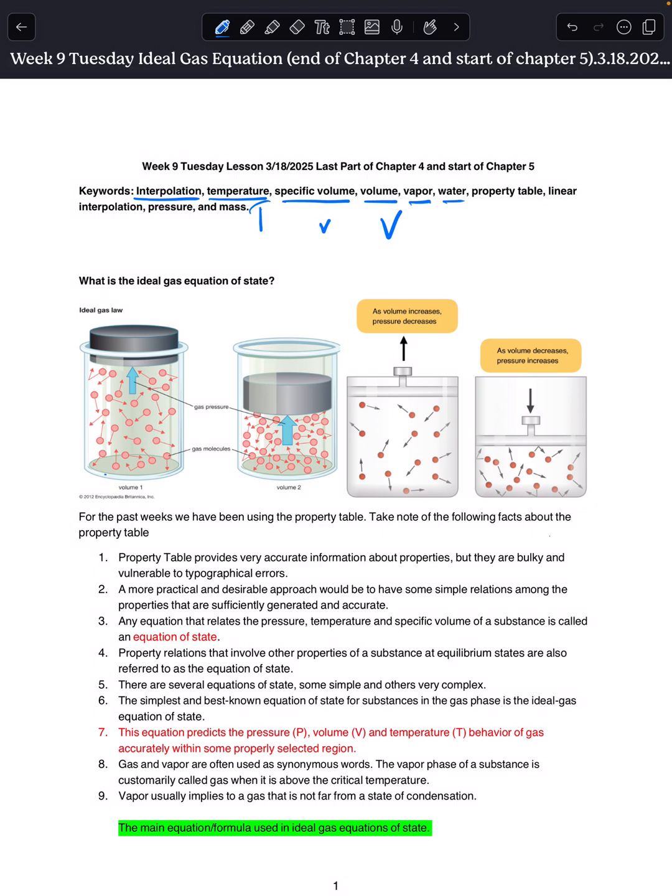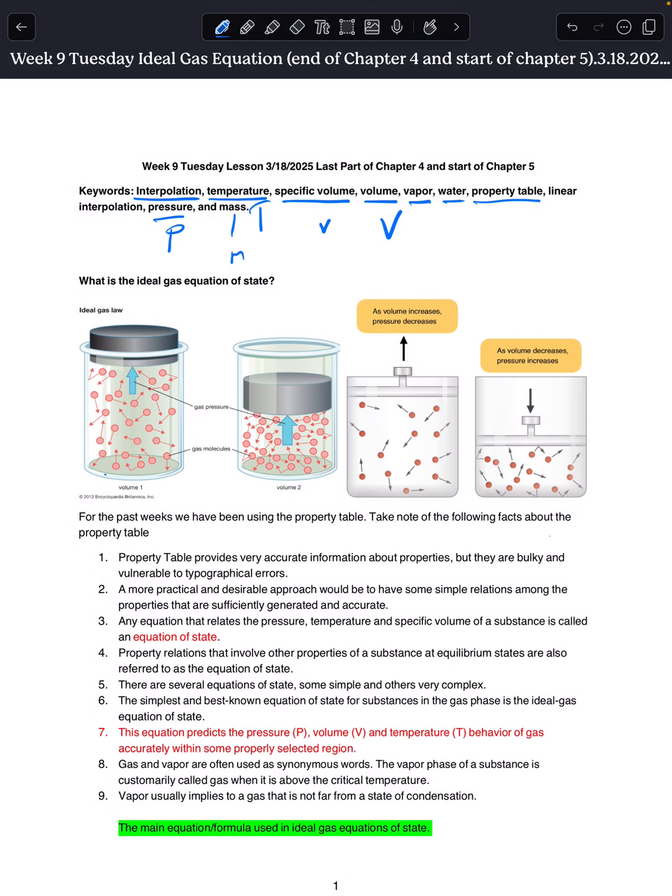And we have to talk about the property table, which we use to get the different properties. Linear interpolation, we may need to look at that in case we don't see the property we are looking for. And we have to talk about pressure, which is capital P, and mass, which is small m, to be precise, because capital M is molar mass.